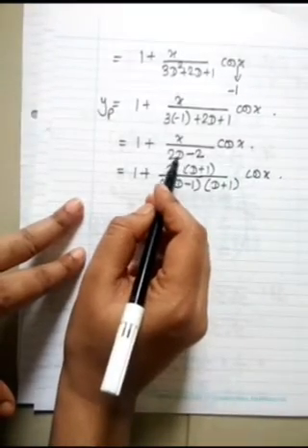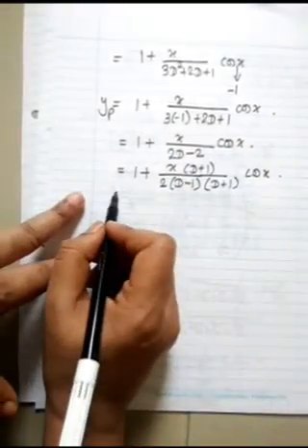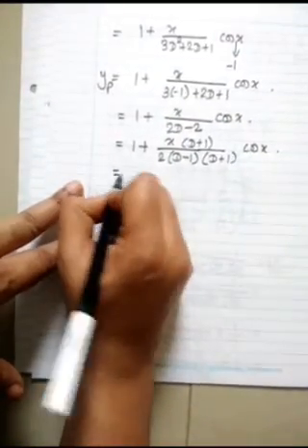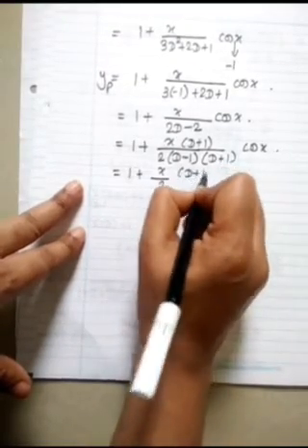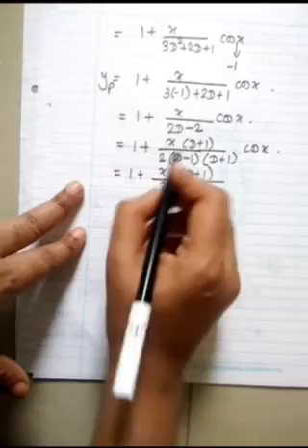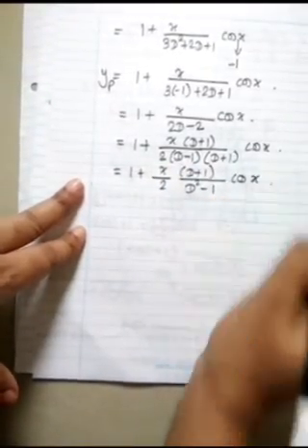Or someone can do 2D minus 2 into 2D plus 2, with numerator also 2D plus 2; you will get the same thing. So x by 2, (D plus 1) upon (D square minus 1) cos x. Any doubt in this?